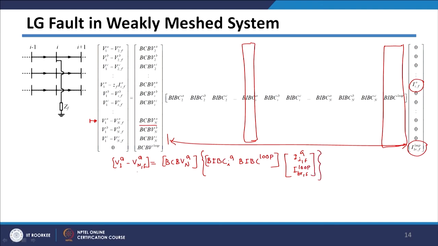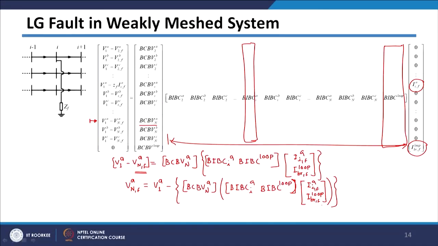So we can easily write from this expression the post fault voltage of the nth bus will be equal to V1A minus this total term here, which is BCBV multiplied by your BIBC of loop forming branches, which is getting multiplied with fault current in A phase, fault current in loop forming branches.